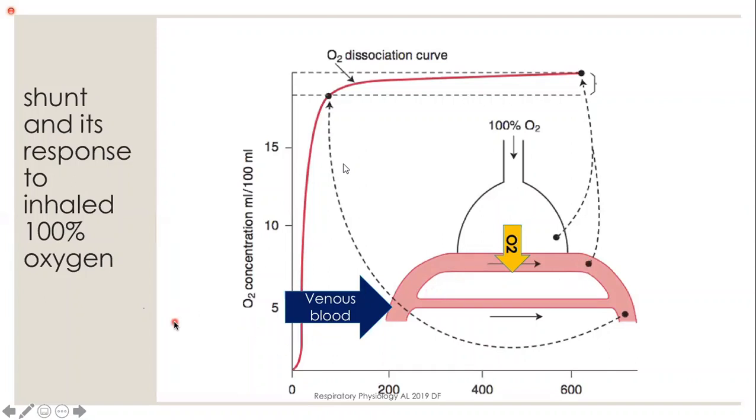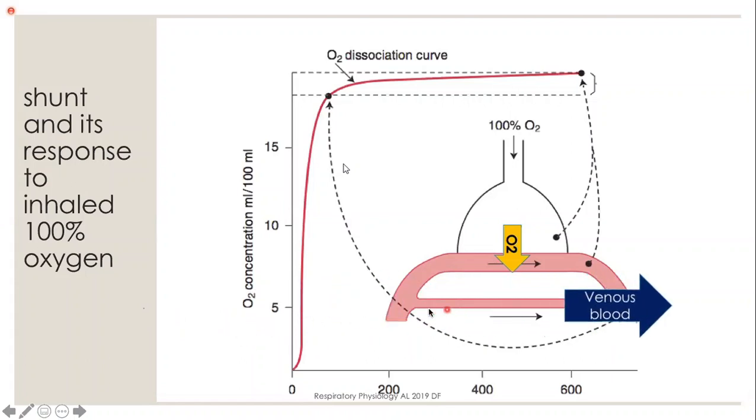But what happens is, in a shunt, when there's a big shunt, the venous blood or deoxygenated blood enters the already oxygenated blood at a point which is distal to the point of maximum oxygenation. So therefore, however much oxygen you give through the inhalation mode, the blood is desaturated in the arterial system when there's a shunt.